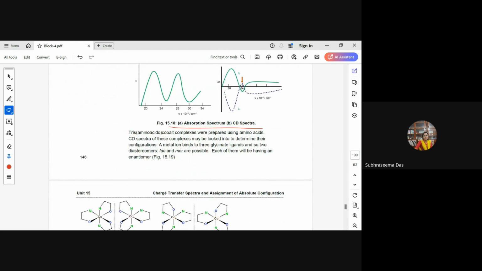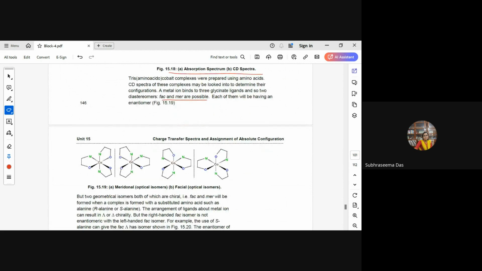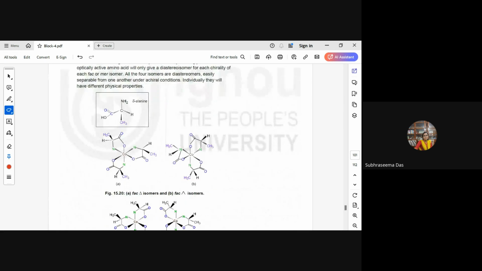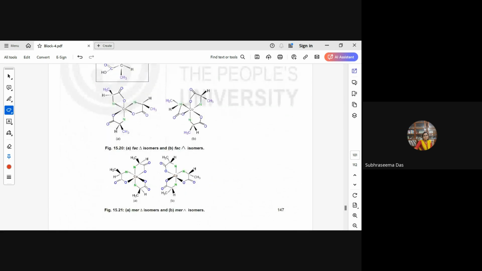So this is how CD has also been used to assign configuration to facial and meridional isomers. An example has been shown here. However, both the facial and meridional isomers use the R notation and the S notation, as indicated in this figure.